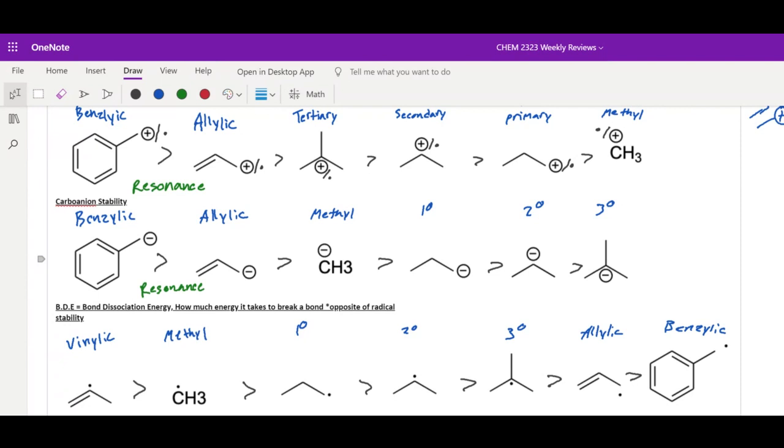Now, a methyl carbon bonded to a radical is going to be the next highest, and then a primary carbon, secondary, tertiary, in that order are the next highest. And then allylic and benzylic obviously have resonance, so they provide a lot of stability for the charge and or the radical. So it doesn't require a lot of energy. Okay, that's why the trend is opposite.